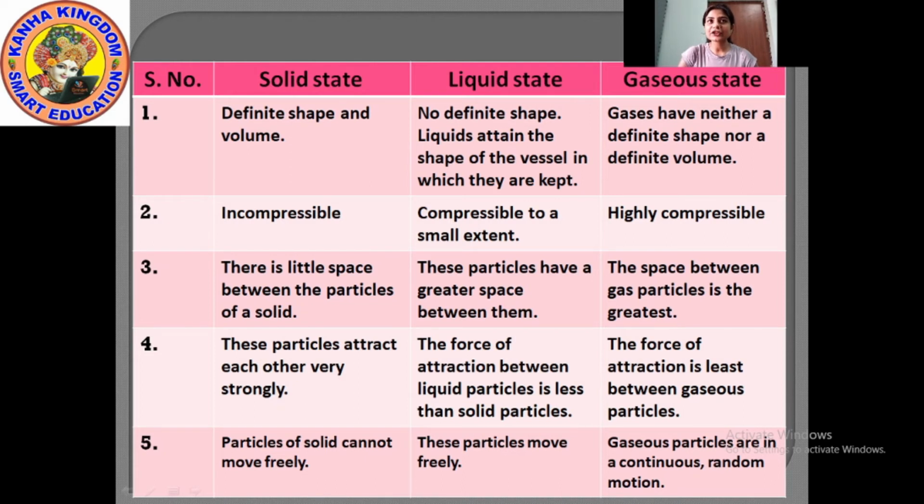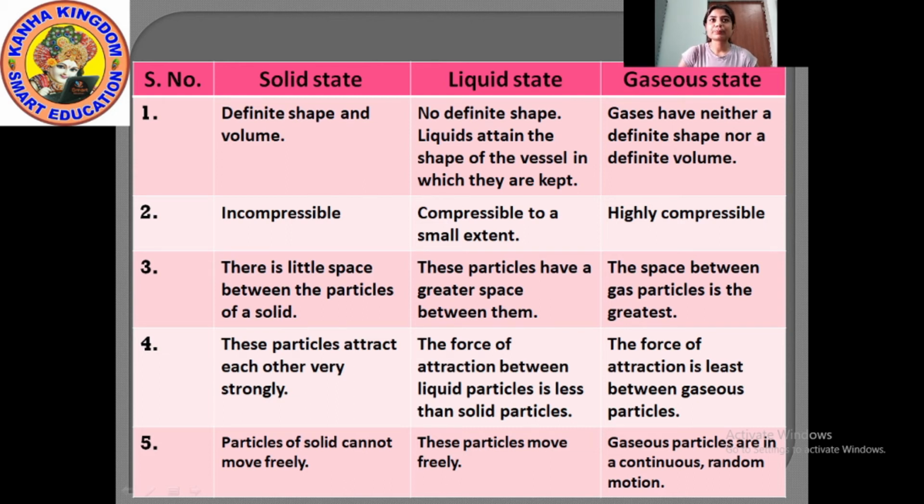Liquids attain the shape of the vessel in which they are kept. Then gaseous state. Gases have neither a definite shape nor a definite volume. They can flow anywhere.